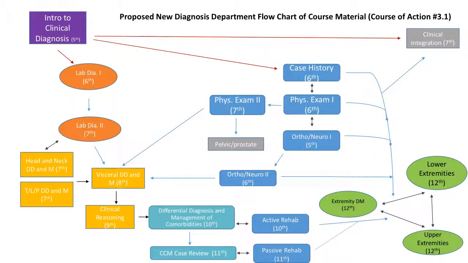Now, in this particular scenario, we have moved Ortho 1 and Ortho 2 to 5th and 6th quarter, which feeds into our clinical integration, and also that allows the students to have that information a lot sooner, which helps them build that information into other courses, as in case history and also in clinical diagnosis, intro to clinical diagnosis.